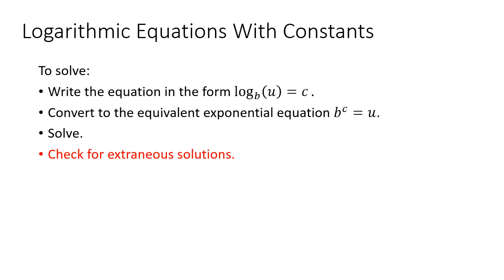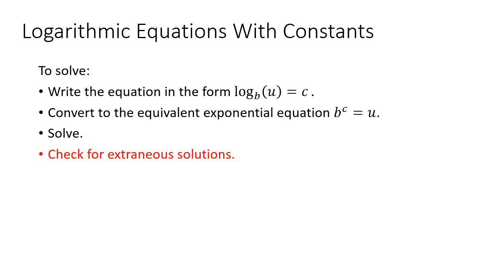The trick is to write your equation in the form log base b of u is equal to c. And what I mean by that is you want a single logarithm on one side of the equation and a single constant on the other side. So you move all logarithms to one side and combine, move all constants to the other side and combine.